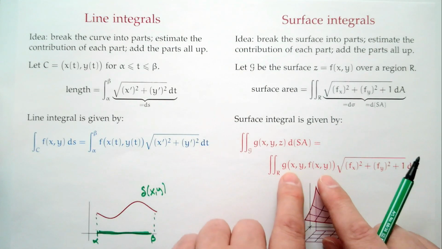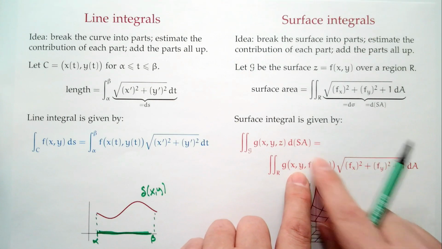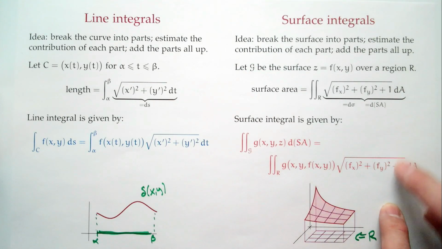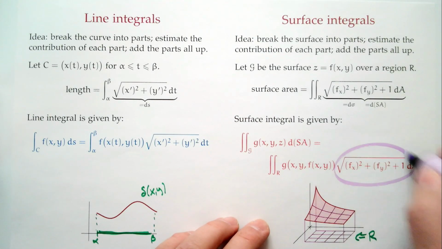All right, now what? Well, the dS, that's a little bit of my surface area, so I just pull that part in. And that's how we do a surface integral. We just figure out what each piece is and get a contribution. Now, what makes surface integrals hard? You're probably going to be able to spot it right away. It's this square root.